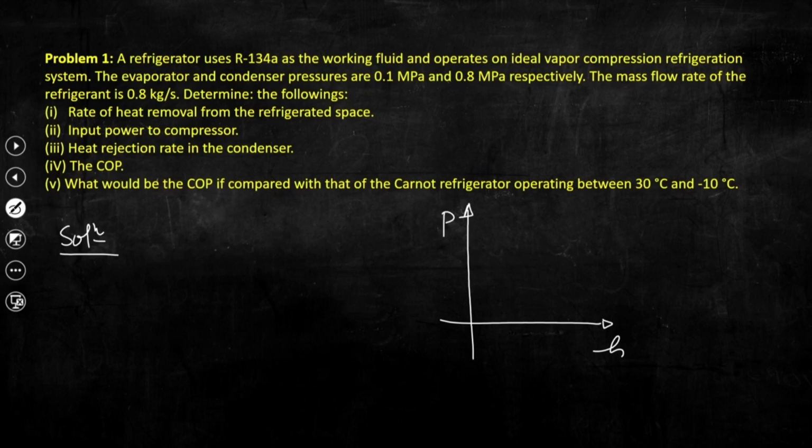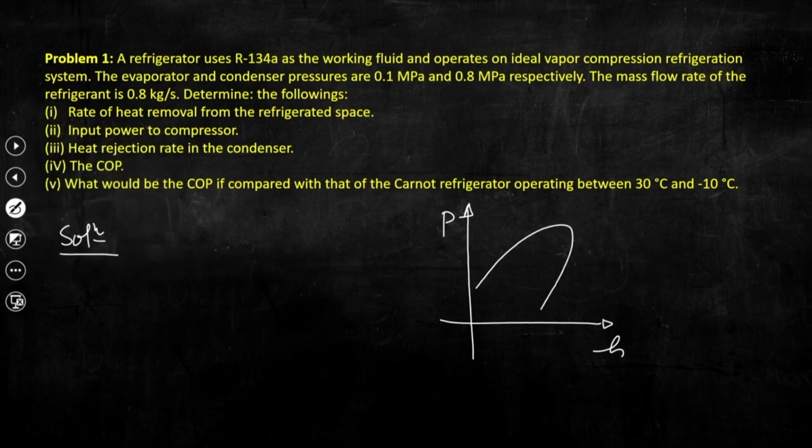So, out of these 4 processes, in one process enthalpy before throttling is equal to enthalpy after throttling, and for another 2 processes pressure is constant. So, that is why we have tried to draw the pH diagram.